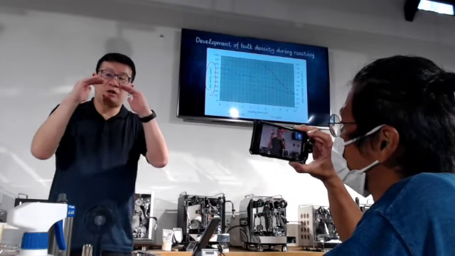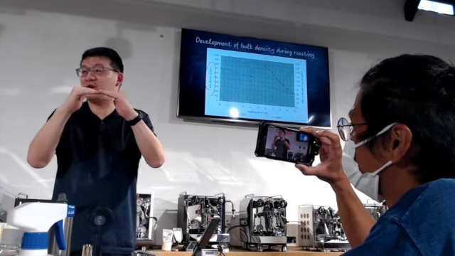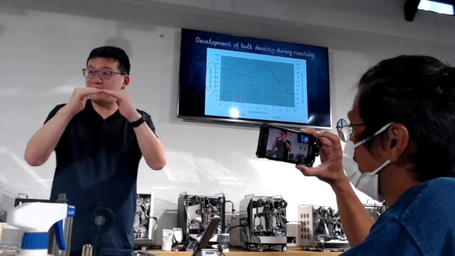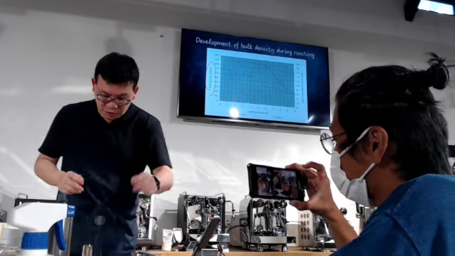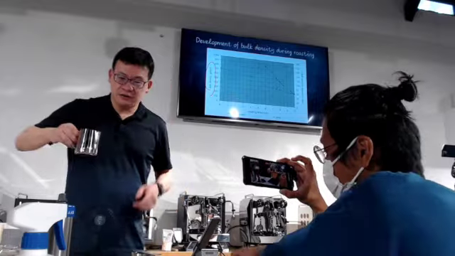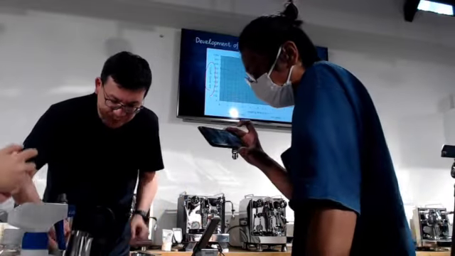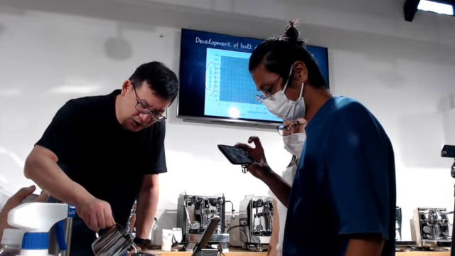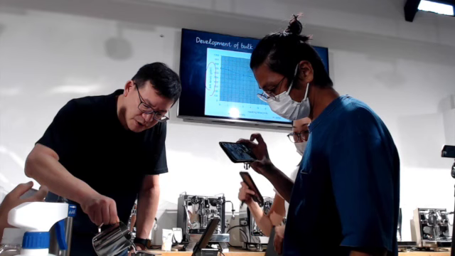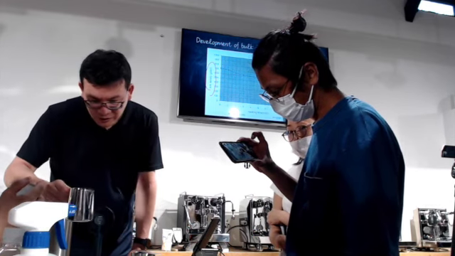But you know the water has surface tension, so it's difficult to tell when it's full, when it's too much, when it's not enough. So you put a ruler like this. I'm adding the water. Is it full yet?